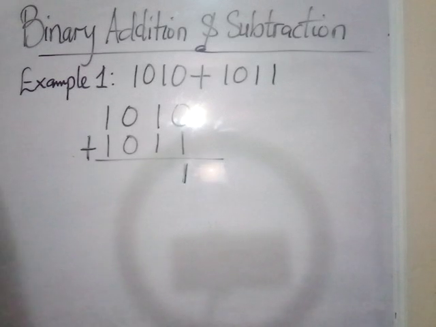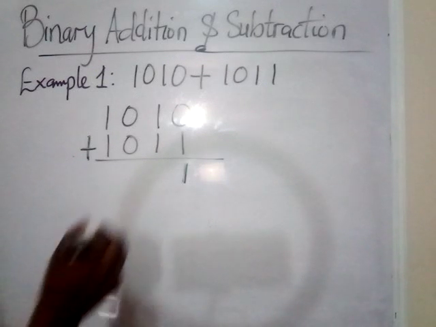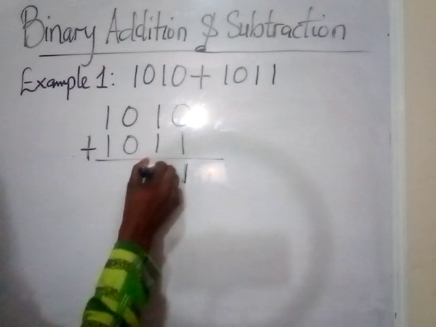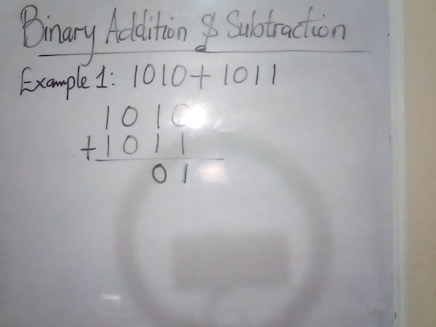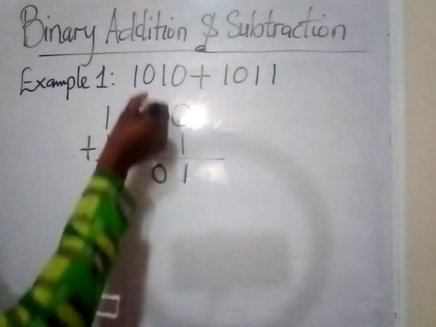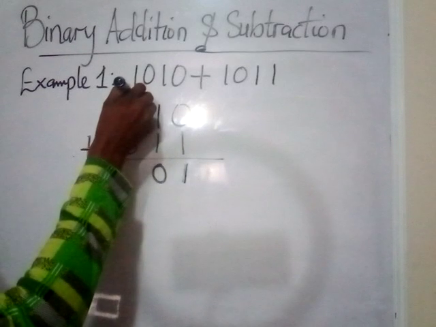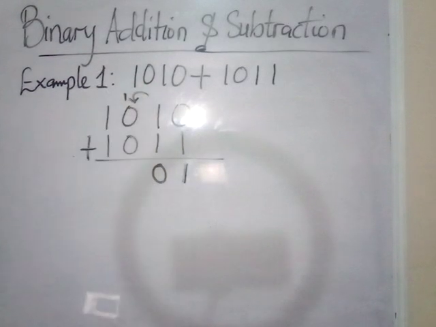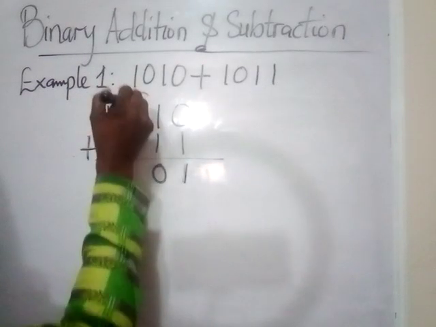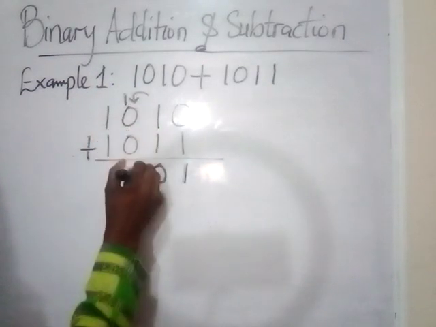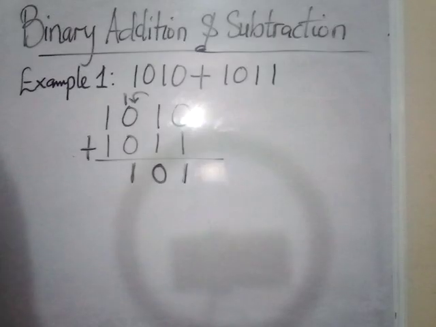So what happens? Exactly what happens when you have 9 plus 1, 10. Under unit, you no longer have anything there. So your 1 plus 1 will be 0 because that 2 gets transferred as 1 to this next position. Okay? So that 1 now, you add it. 1 plus 0 is 1. Okay?